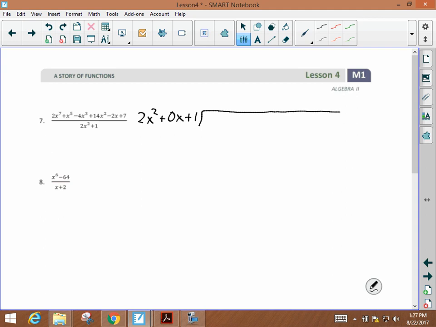I'm going to have some placeholders in this thing. It's probably going to be pretty long. 2x to the 7th, plus 0x to the 6th, plus x to the 5th, plus 0x to the 4th, minus 4x cubed, plus 14x squared, minus 2x, plus 7.